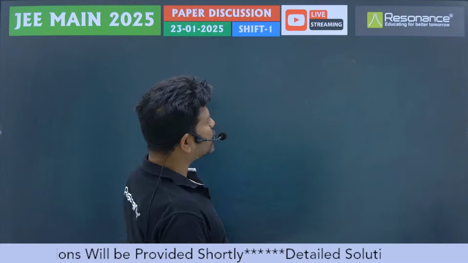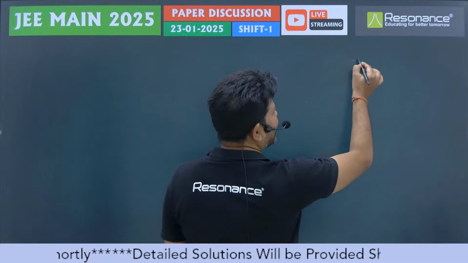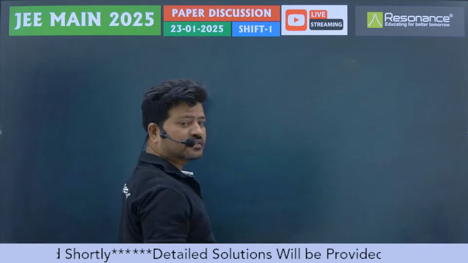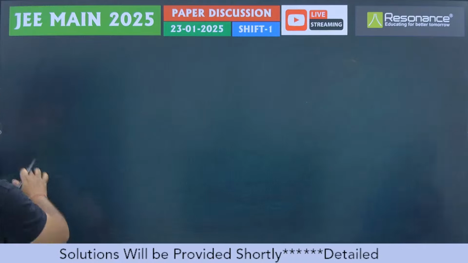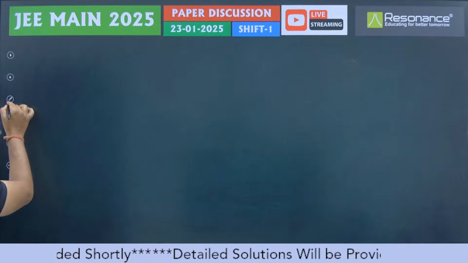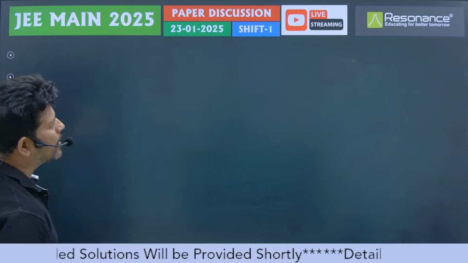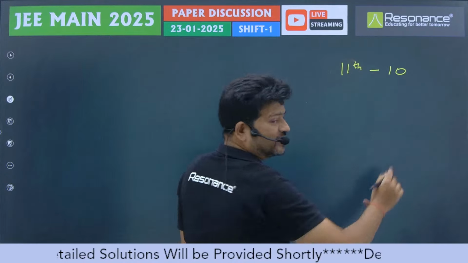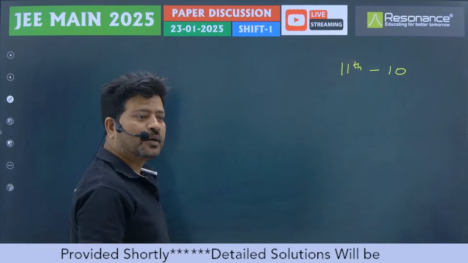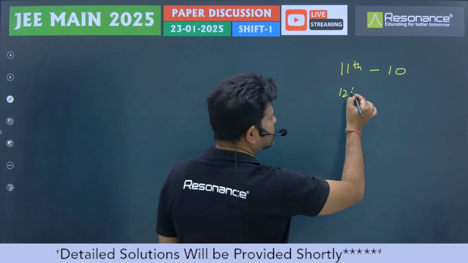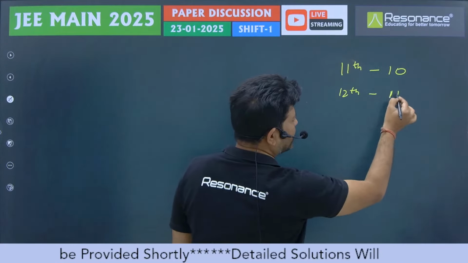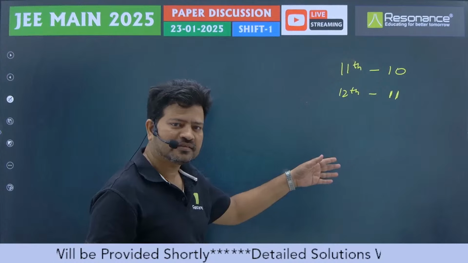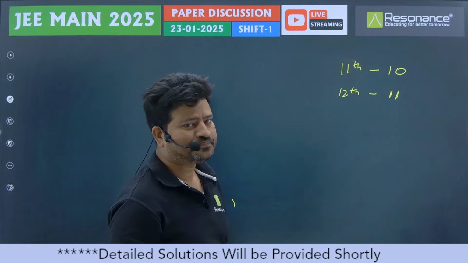Out of the 21 questions, from the 11th class we can find a total of 10 questions. At the same time, from the 12th class we can find 11 questions. So there is a balance: 10 questions from the 11th and 11 questions from the 12th.